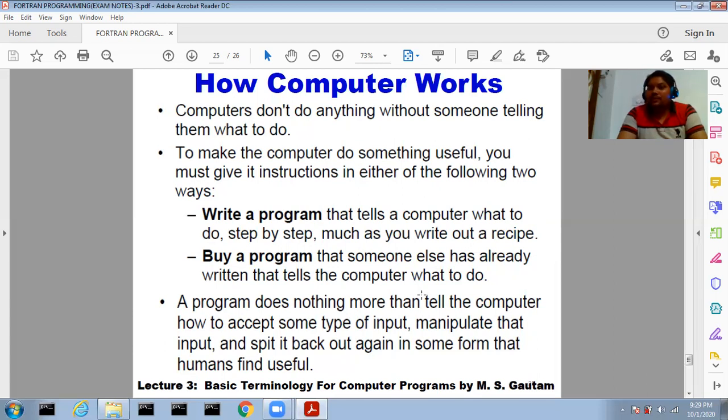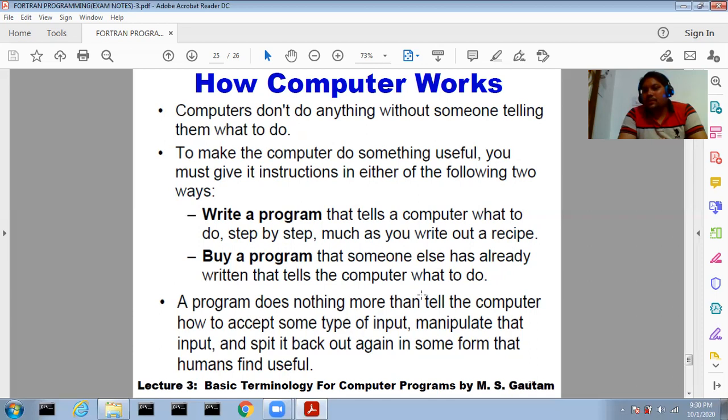Or we can purchase a program from the market by paying its price and use it for solving a particular problem. Or if we do not want to purchase that program, then we have to develop or design our own program for solving a particular problem.